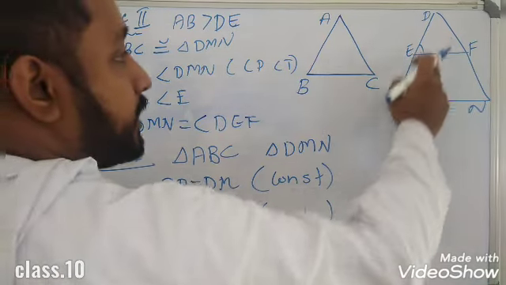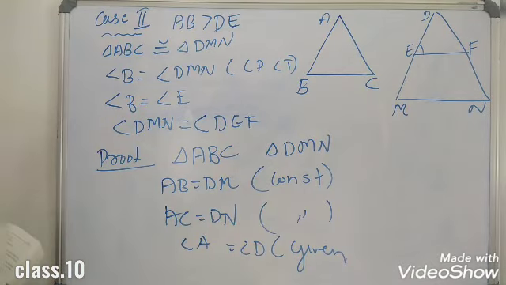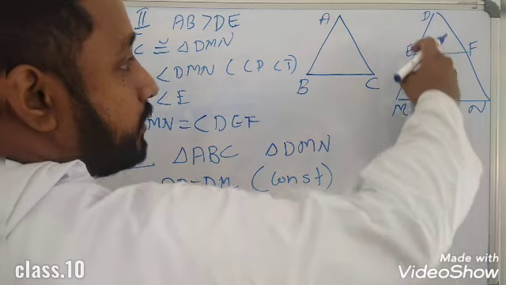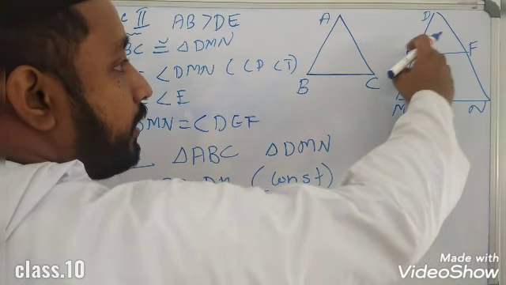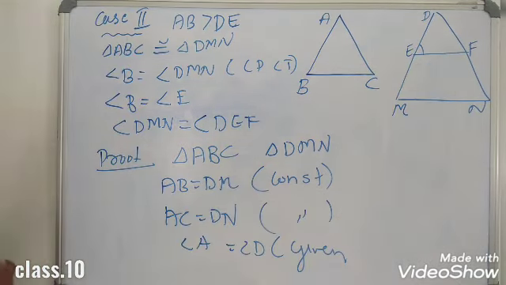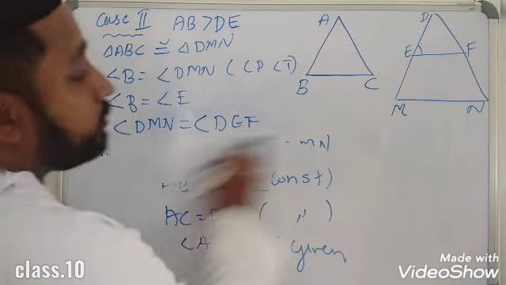These two angles are corresponding angles. Therefore, we can say that these two lines are parallel. Therefore, EF is parallel to MN.